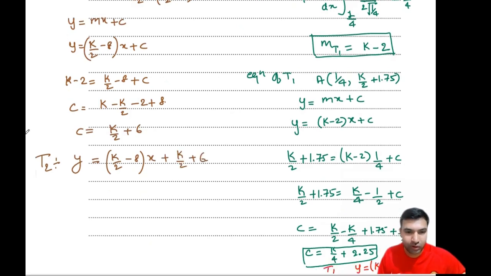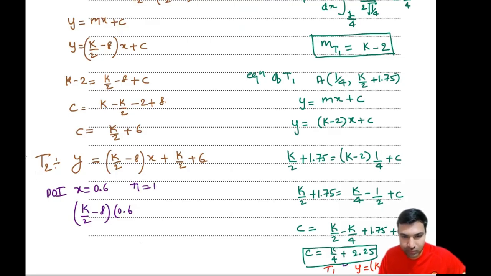Now we have the point of intersection. So point of intersection, the x coordinate is 0.6, and we have to find the value of k. So just equate them. So the equation of T2 and the equation of T1, you just equate them.